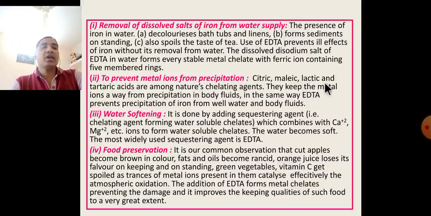Citric, malic, lactic and tartaric acids are among nature's chelating agents. They keep the metal ion away from precipitation in body fluids. In the same way, EDTA prevents precipitation of iron from well water and body fluid.